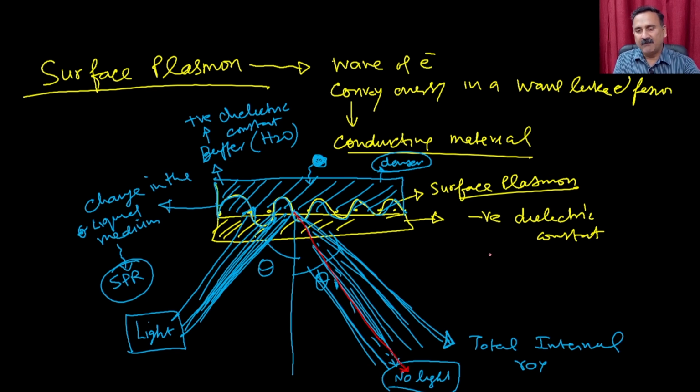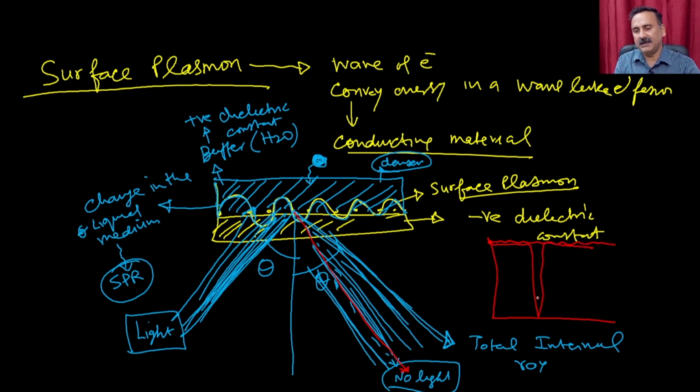This means if I monitor this against a wavelength, what will happen is that if there is no change in the refractive index, the intensity will remain like this. So it is going to remain as a straight line. But if there is any change of the external media, because of which there is a change in the plasmon wave also, then it is going to show me a dip.